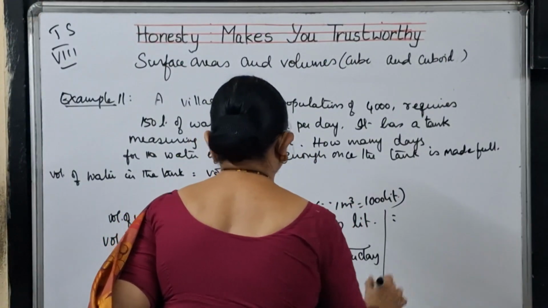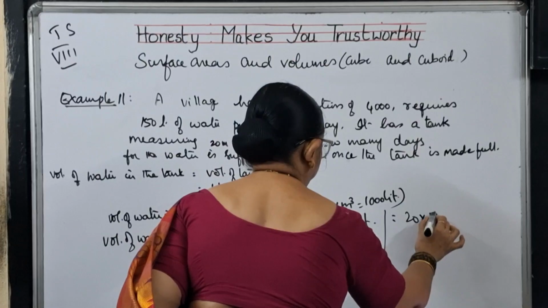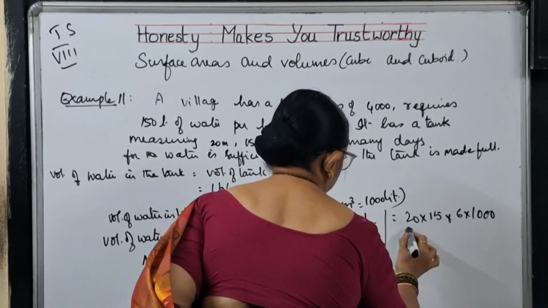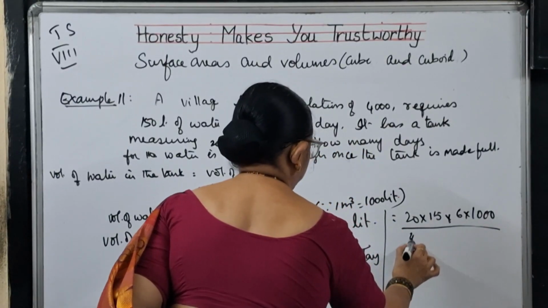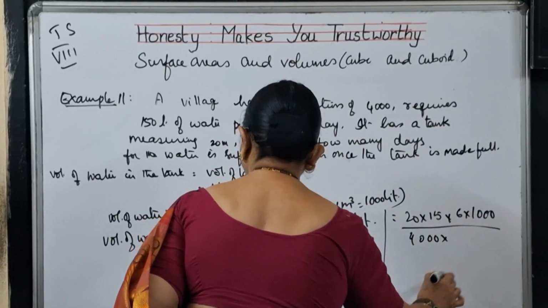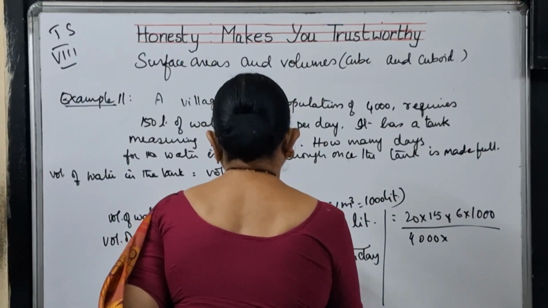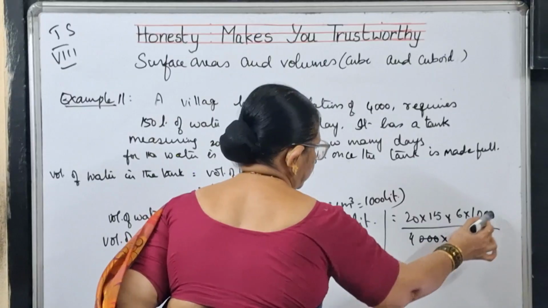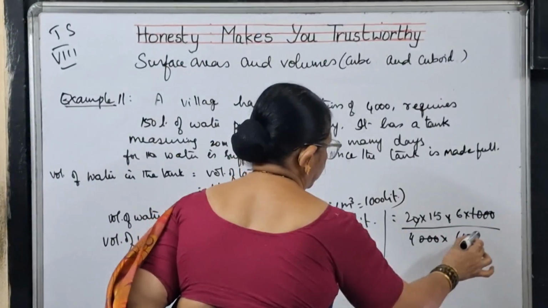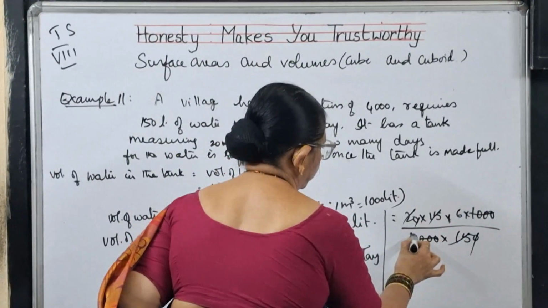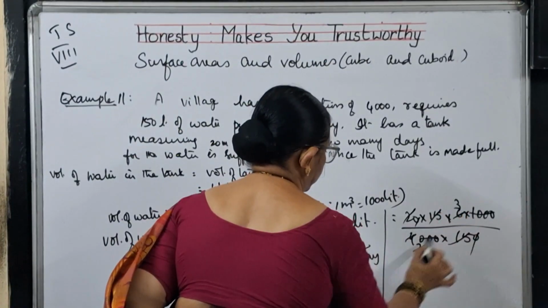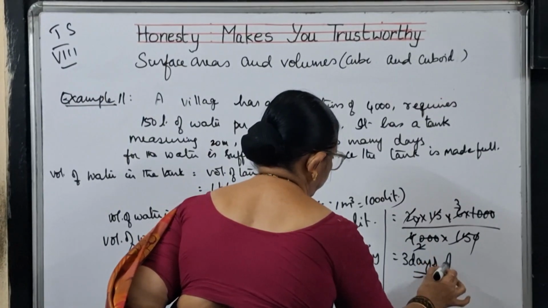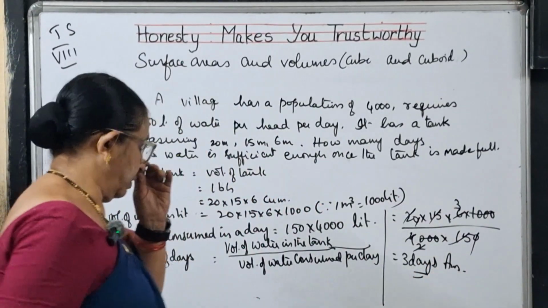Volume of the water in the tank is 20 into 15 into 6 into 1000, and this divided by 4000 into 150 liters. So, three zeros will get cancelled. 15, 15; 2 ones are 2, 2 threes are 6. So, 3 days. This water will be sufficient for 3 days.